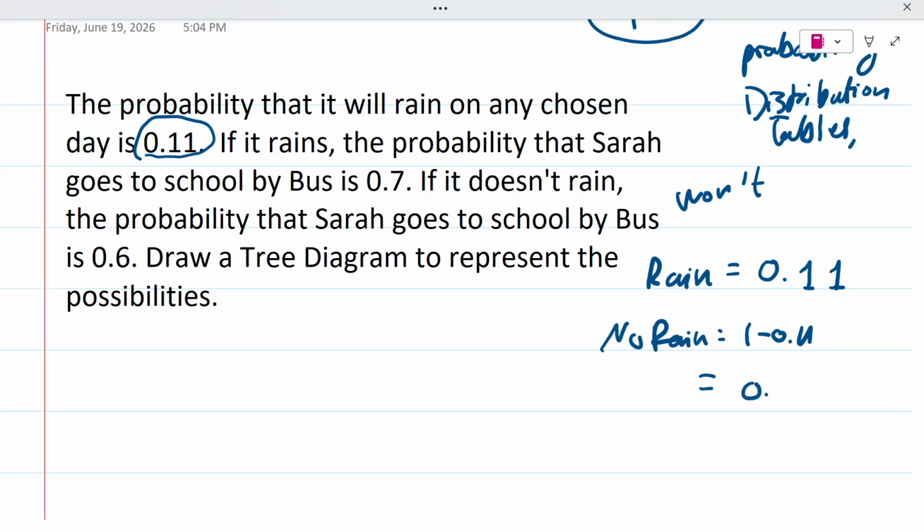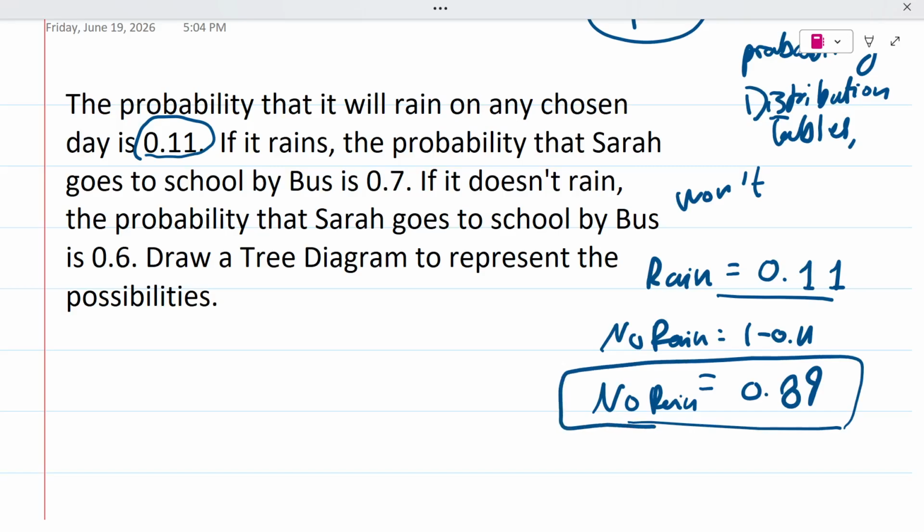And that is going to be 0.89. So the probability for rain is 0.11 and the probability of it not raining is 0.89, right? This wasn't given to us in the question, but we inferred it. So it was something very simple, right? So we have these two pieces of data.